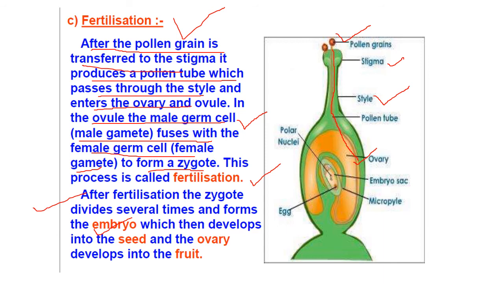The zygote develops into the embryo, which then develops into the seed, and the ovary itself will become the fruit. Once fertilization is there, the zygote is produced, it becomes an embryo, then develops into seeds, and the seed along with the ovary together form a fruit.